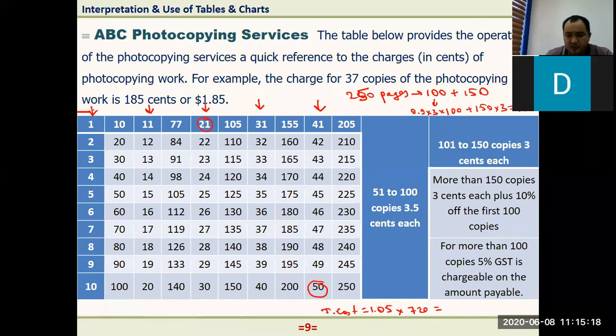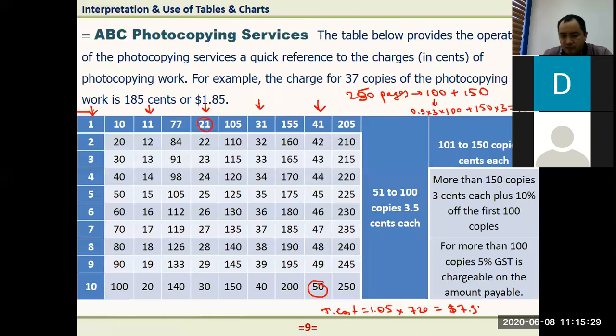Because 100% plus 5%, that is 1.05. So it is times 1.05, that's equal to 756. So that is $7.56. So according to this table, if you want to copy 250 pages, we have to pay 7.56.